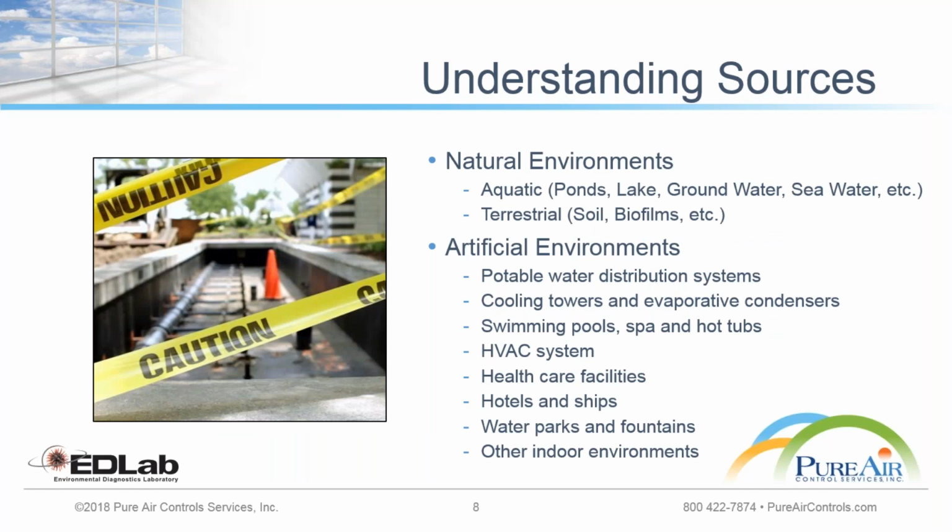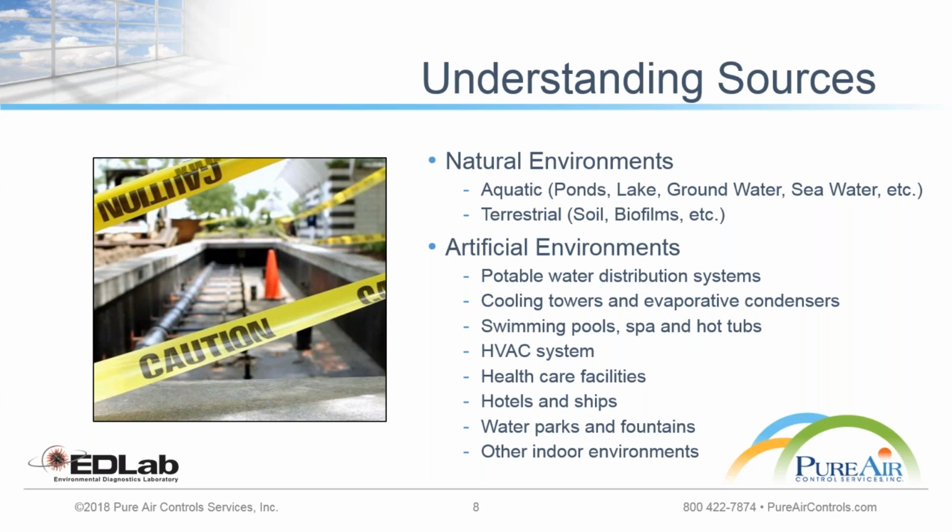So as I indicated, there are three main sources from which Legionella can spread. But the question arises: water is one of the main sources where you can get Legionella bacteria, so where can we find this kind of water?